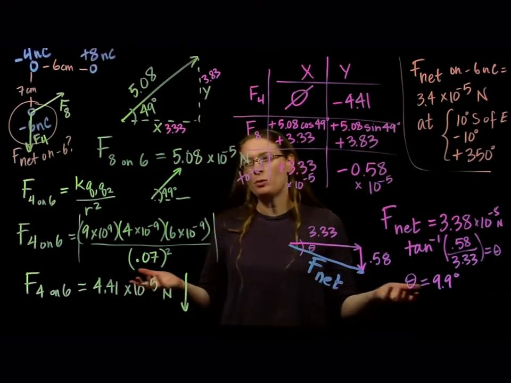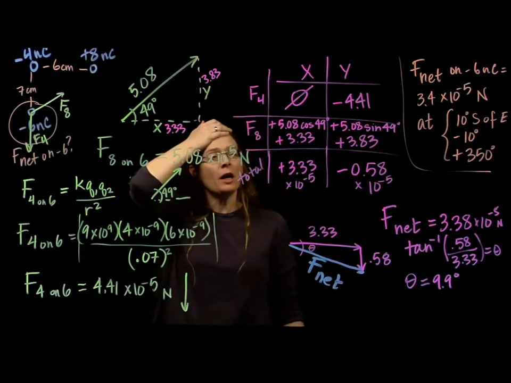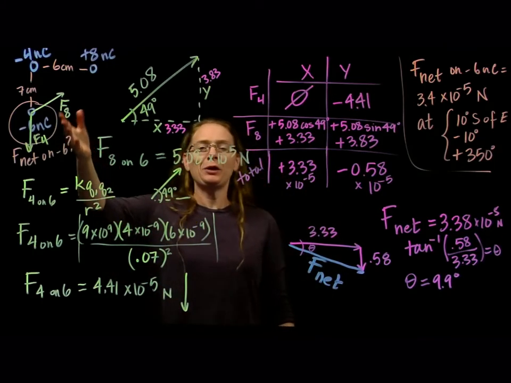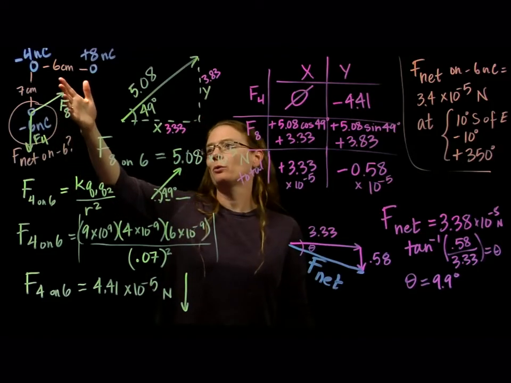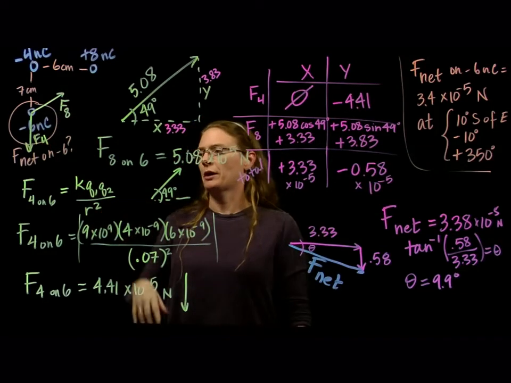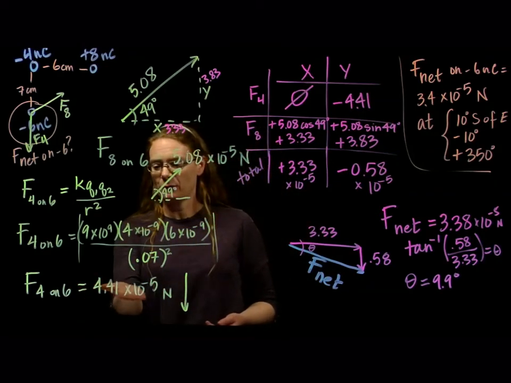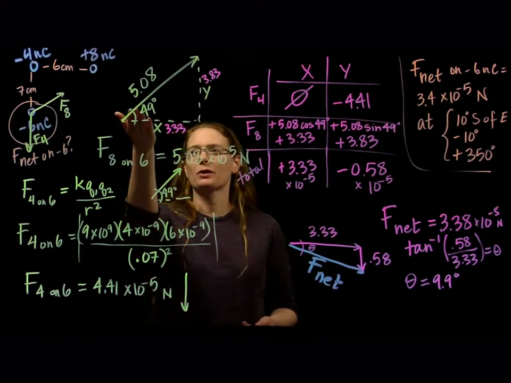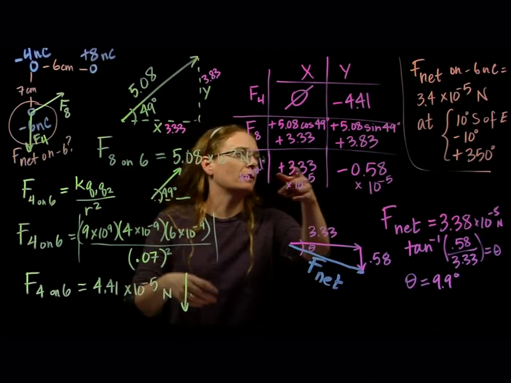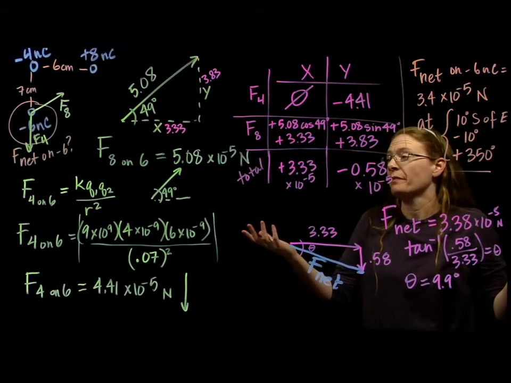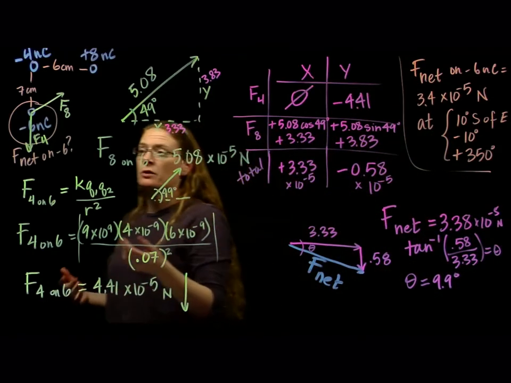Is it reasonable? This is a little bit harder to answer with these kind of problems because we don't have a good sense of what is a 4 nanocoulomb charge, what is a 6 nanocoulomb charge. All we can really do is say, well, if this force was 4.5 and this force was 5, a force of 3.4, at least it's in the right realm. And then we could ask about the direction.